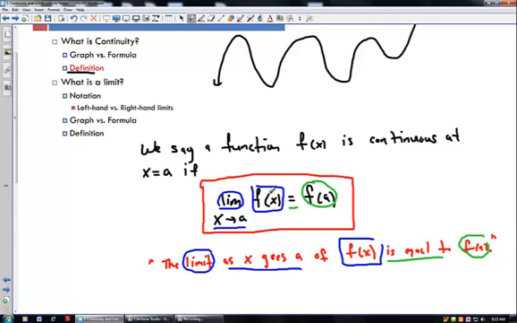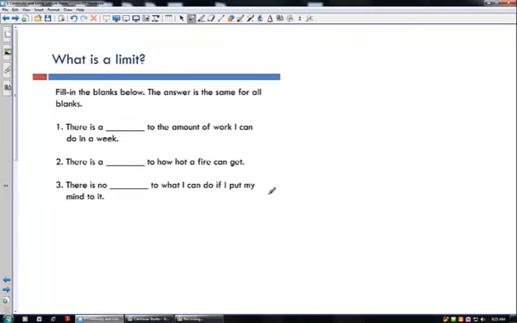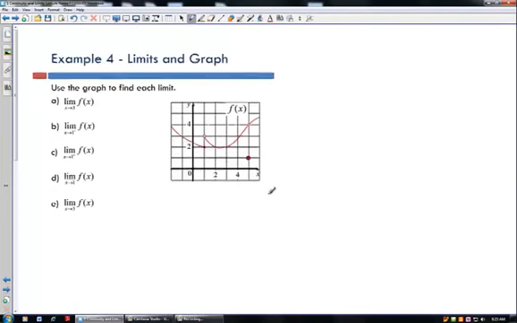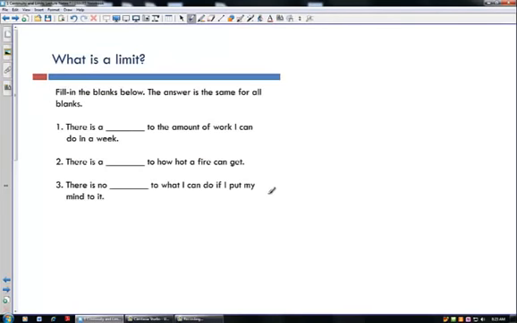Let's look at a simple example of this. Oh, and I want you guys to understand, you already know what a limit is. If I ask the question, what is a limit? We use this word in our language, so you can fill in the blanks below. There is a blank to the amount of work I can do in a week.